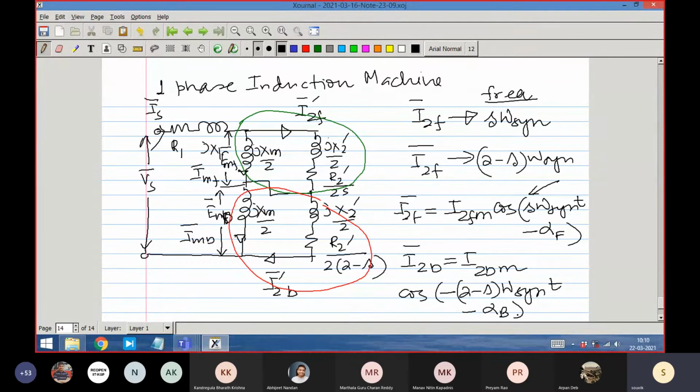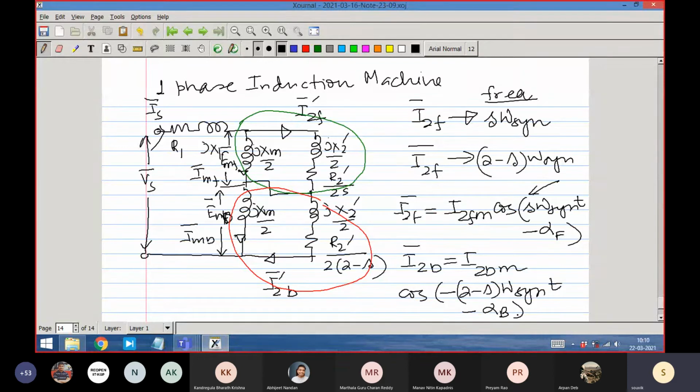The point to be noted is that these are two completely different frequencies in the rotor, because the rotor itself is a combination of two rotors. So individually each rotor is producing a current corresponding to the way it sees the magnetic field.